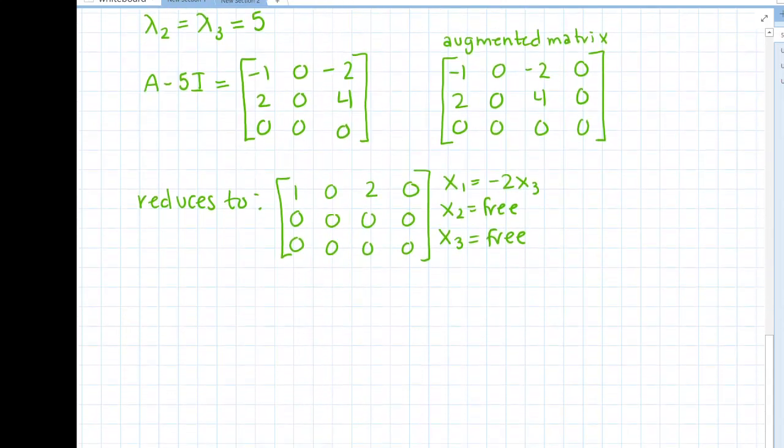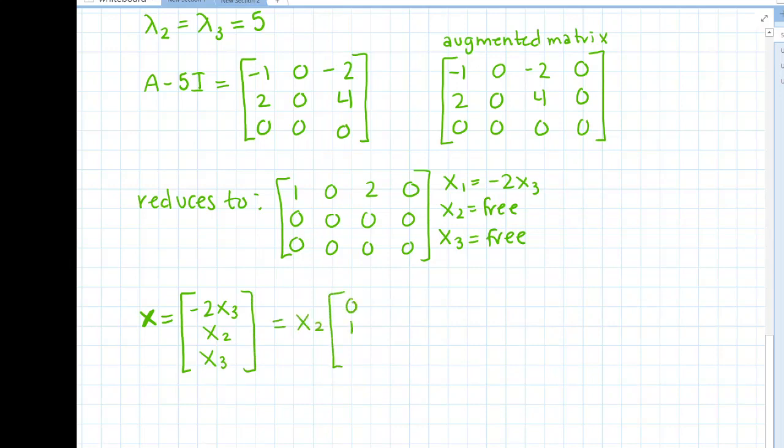And so if we put this together, our answer x is going to be equal to, I'll write it like this first, -2 x3, x2, and x3. And so if we pull out the x2, we'll get 0, 1, 0. And then if we pull out the x3, we get -2, 0, 1.